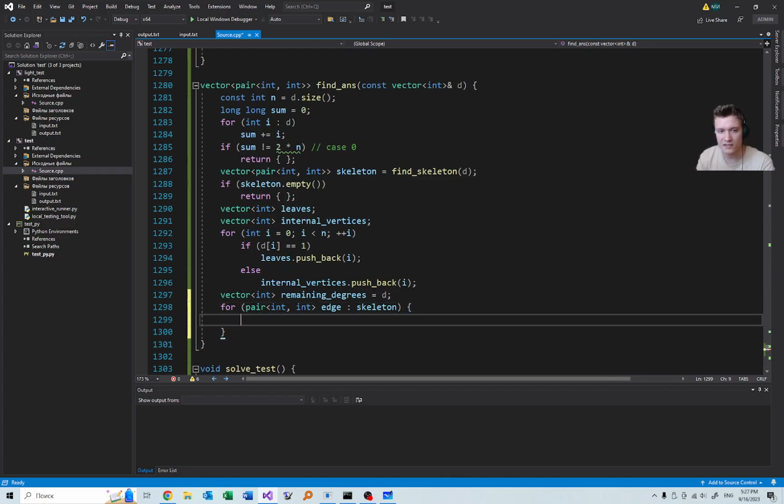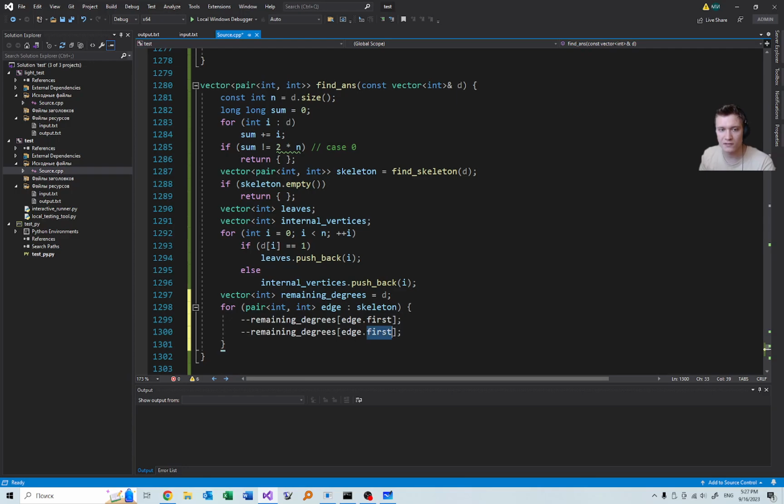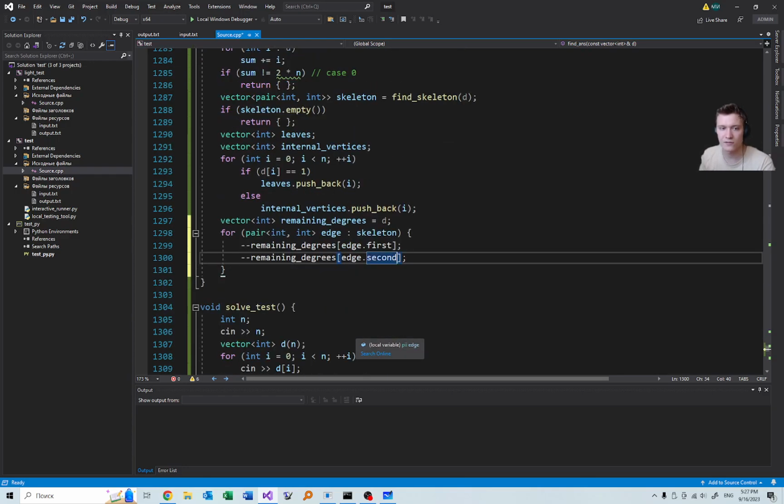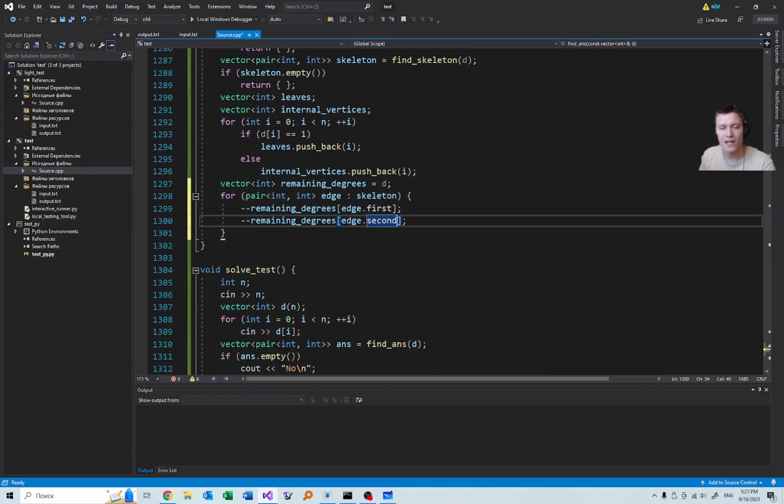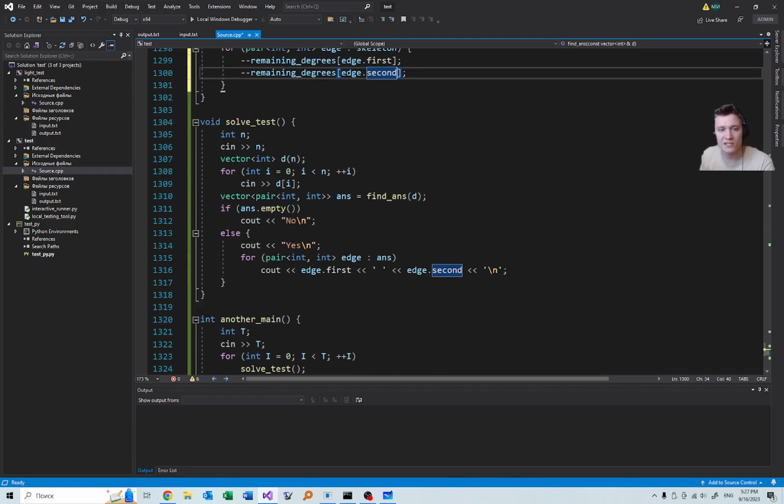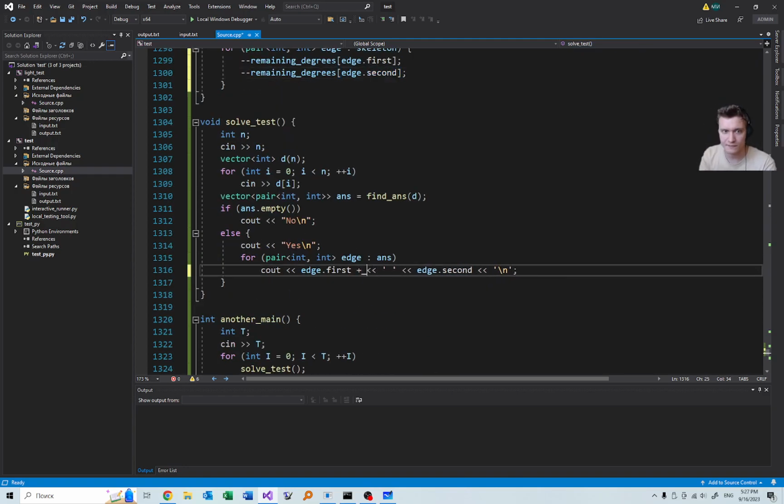So here we say that the remaining degree of edge.first is decremented, and the remaining degree of the second one is also decremented. Actually, I just realized that I want everything in my solution to be 0 indexed. And this means that here the answer will be with +1s.